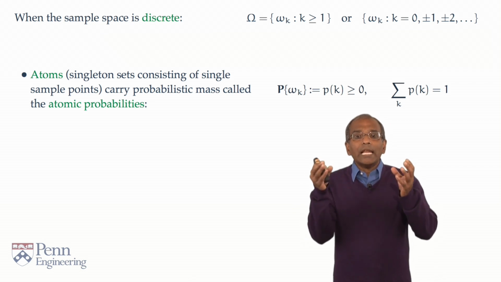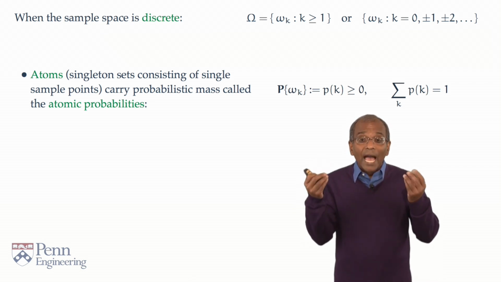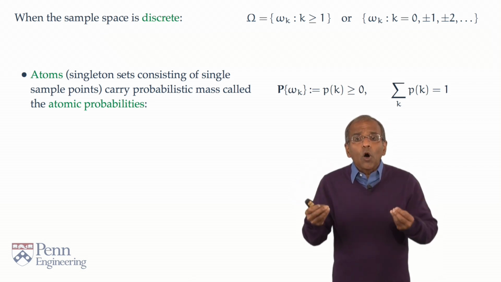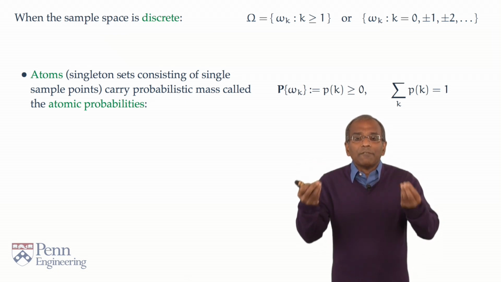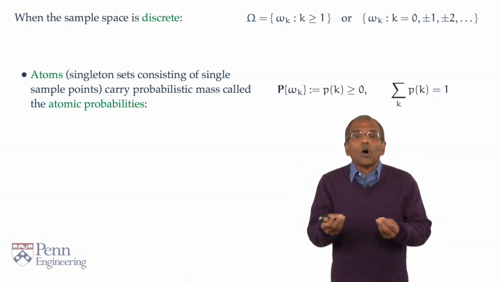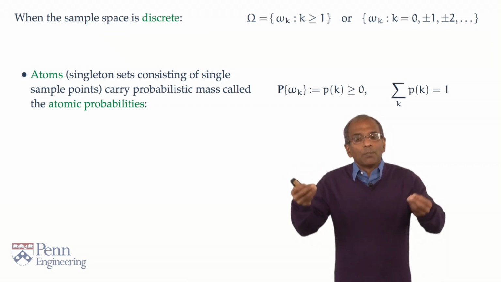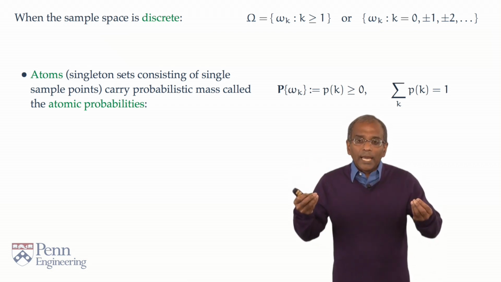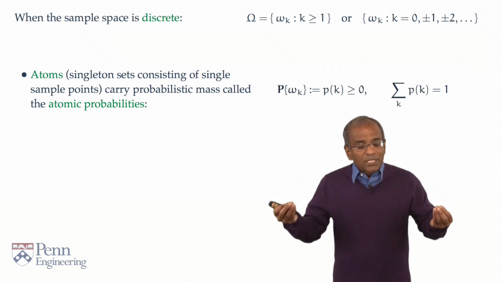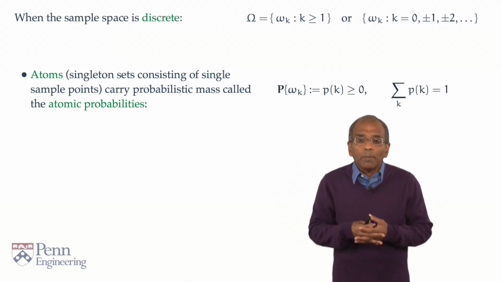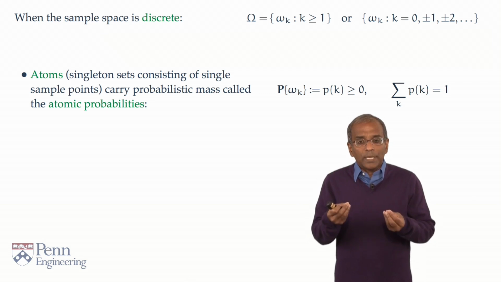We start with elementary events called atoms, which consist of singleton events, events consisting of a single sample point. And to each such sample point, say omega k, to the corresponding atom, we allocate a probability, an atomic probability.